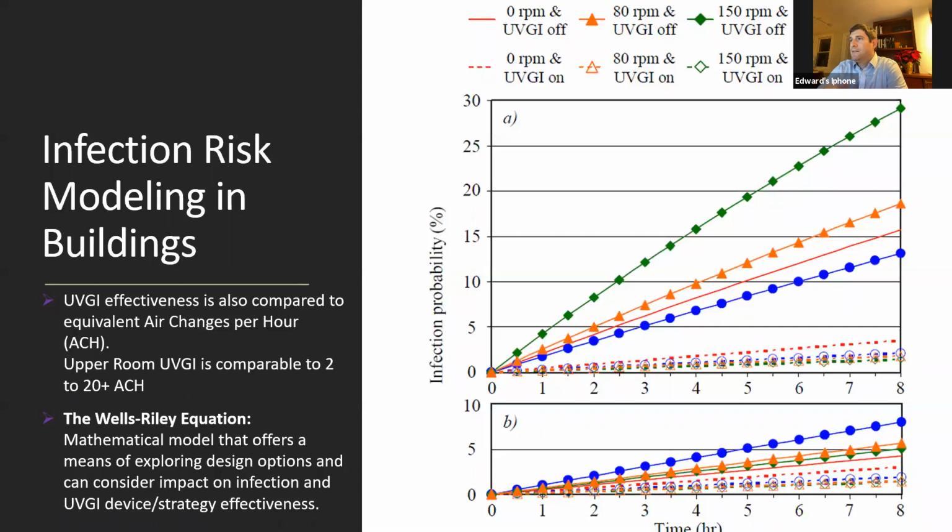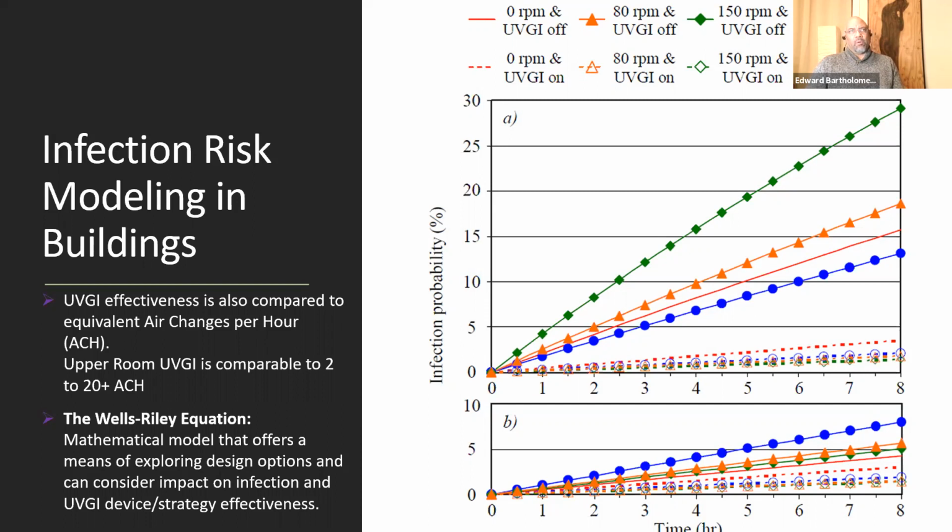It's not a super detailed model. It's a bit of a generality, but it's a good tool that we have in our tool chest. And UVGI effectiveness is also compared to the equivalent air changes per hour.